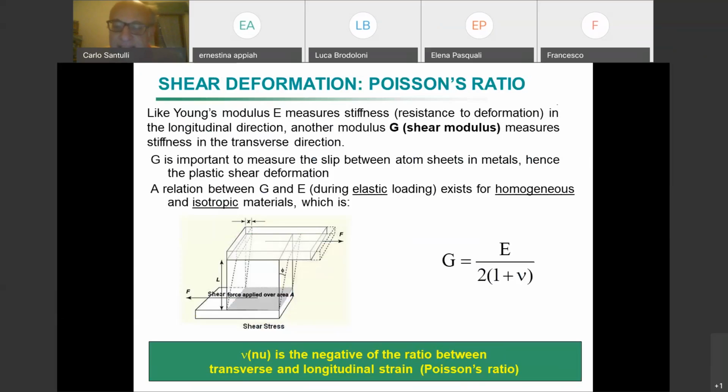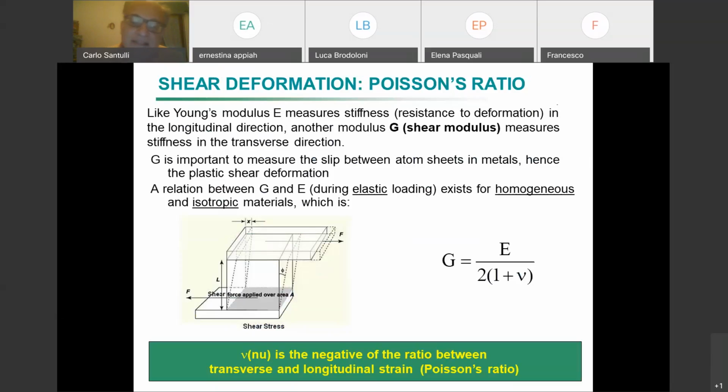In practice, there is a relation which is valid only in ideal material, so in materials which are homogeneous and isotropic and during elastic loading, which is about right for steel in the elastic part of its loading.